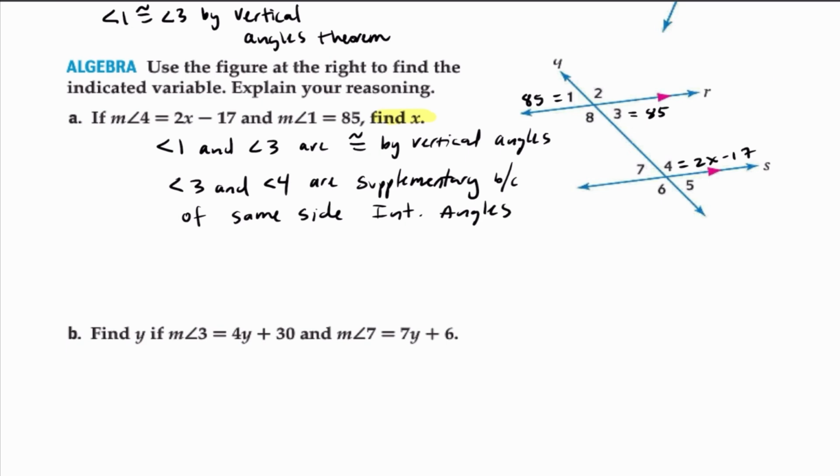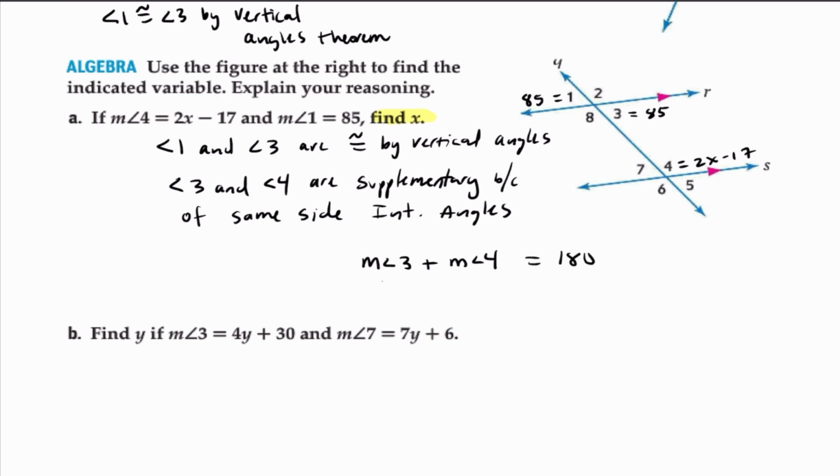So if these two angles relate to each other by the same side interior angles, then I'm going to say that the measure of angle 3 plus the measure of angle 4 equals 180 degrees.